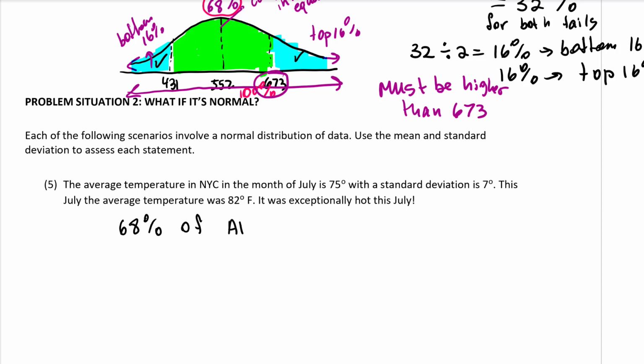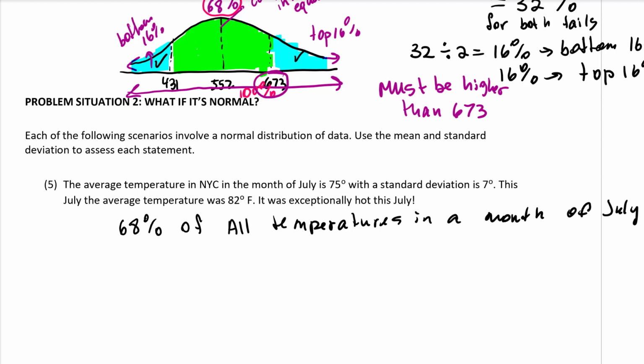68% of all temperatures in a month of July. Sometimes, instead of saying all temperatures, you say 68% possibility or likelihood.